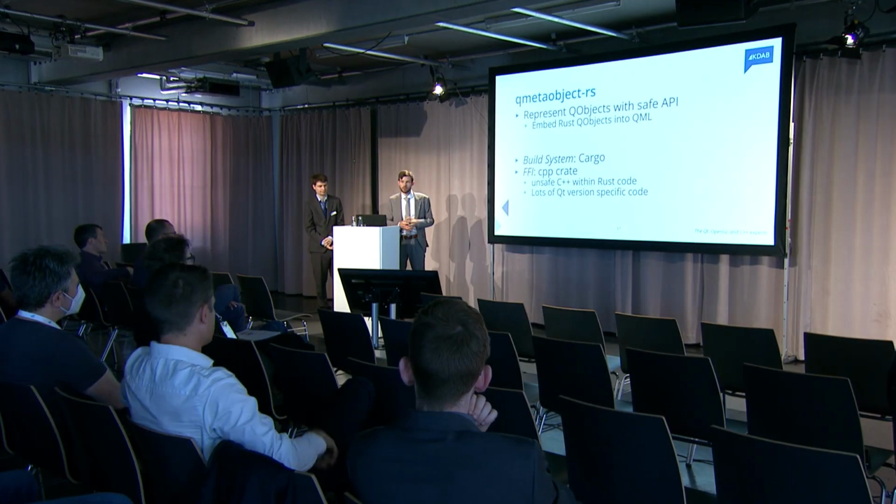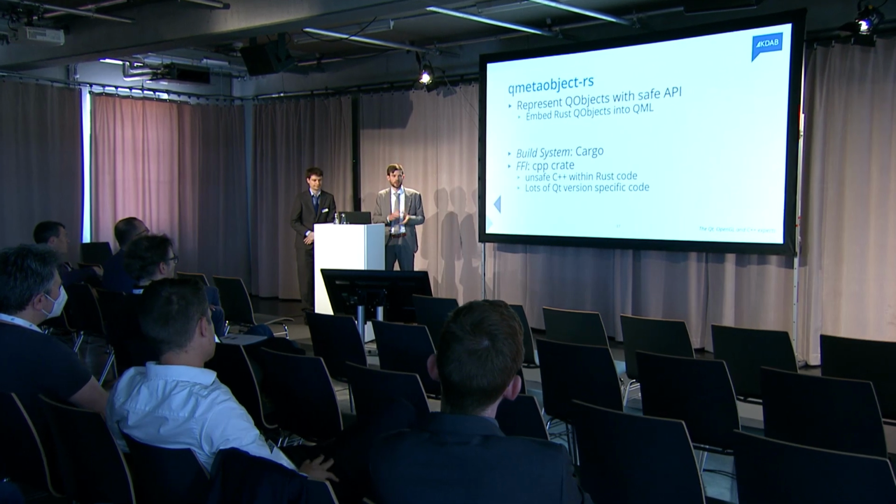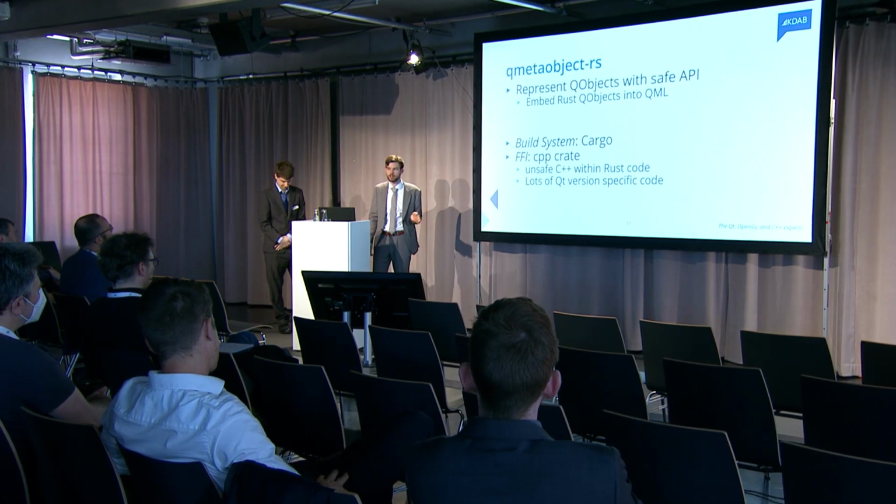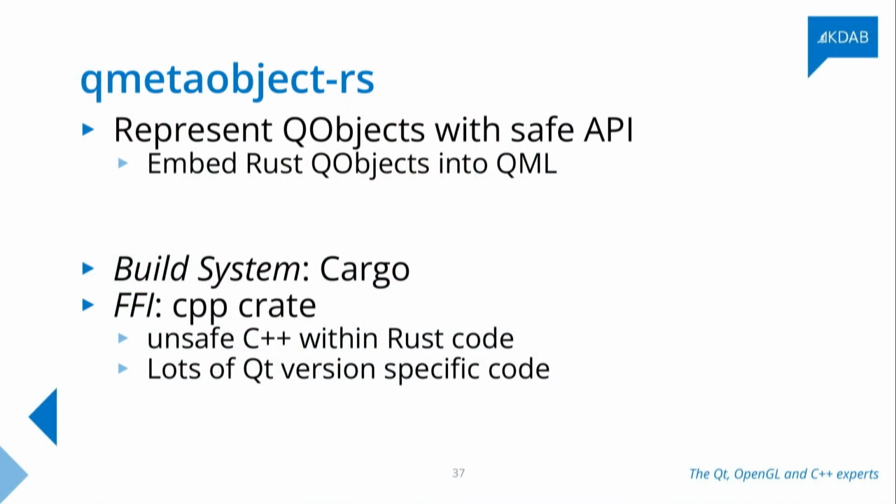But if we don't want all that unsafe code to use, we could also consider QMetaObject RS, which represents QObjects with a safe Rust API that allows you to basically declare your own QObjects in Rust, and is targeted especially at exposing them to QML.